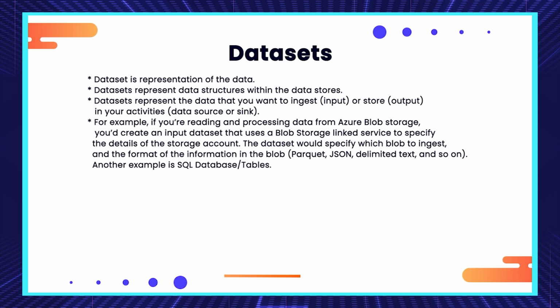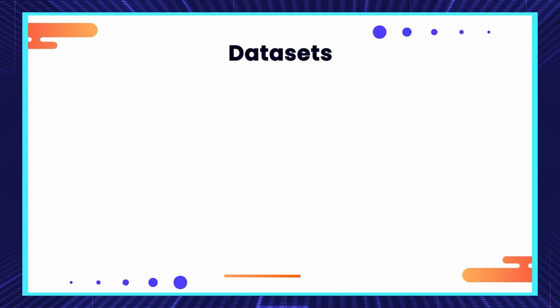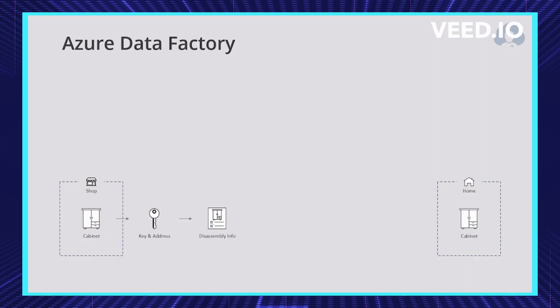So in order to connect a dataset, we need to have a linked service. So linked service is nothing but a type of key service where we give key credentials. To explain it in more layman terms, let's consider we have an almirah. In order to open that almirah, we use a key. A similar condition we can apply here.